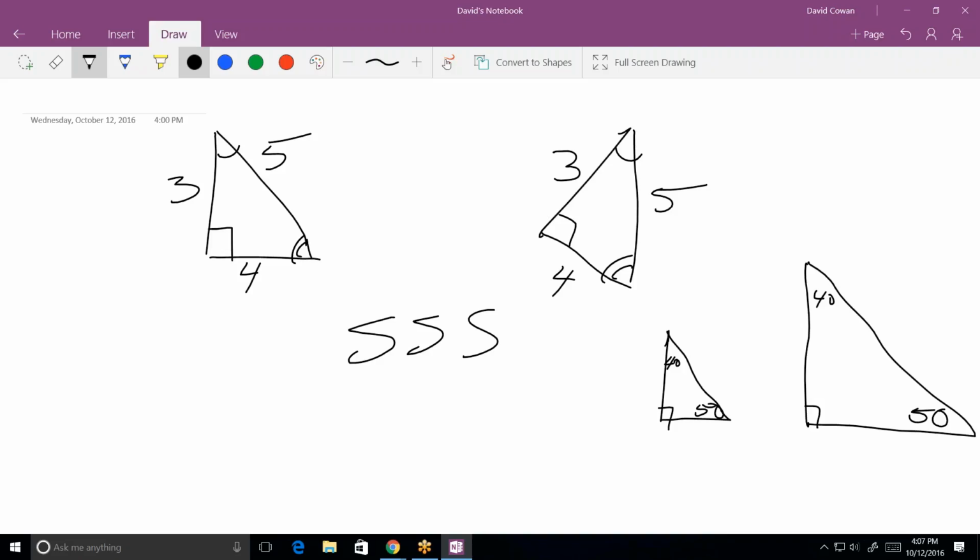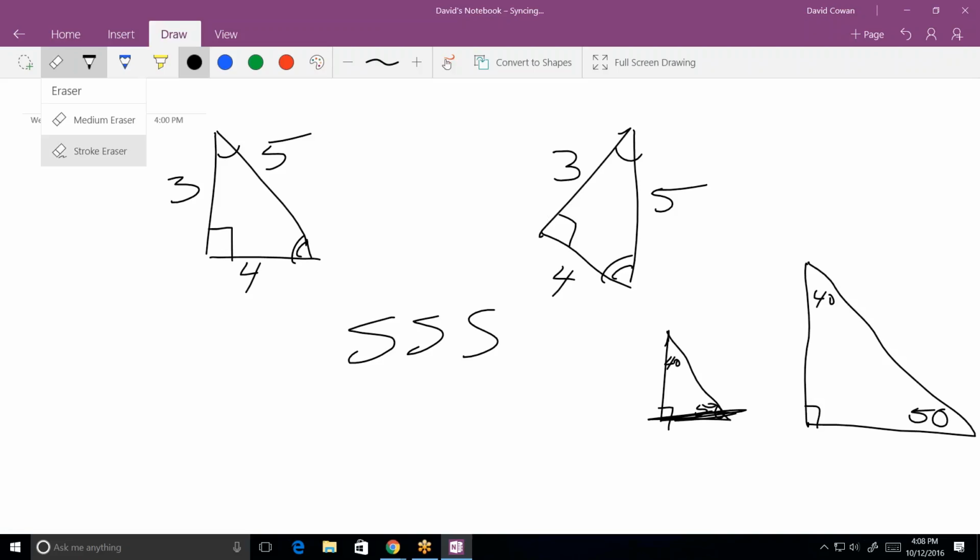Congruent basically means equal: equal size, equal angles, equal sides. But notice that the three angles being equal to these three angles does not make for congruency. Three sides does, but three angles do not.